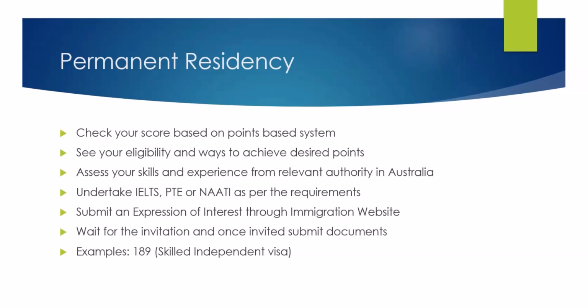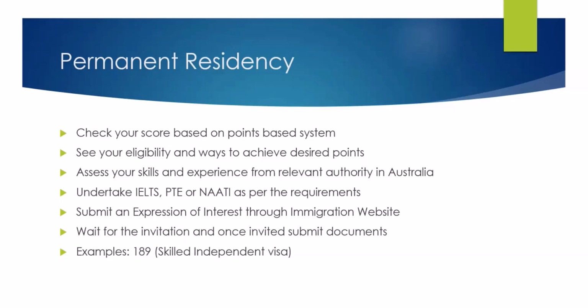Assess your skills and experience from the relevant authority in Australia. Once you have selected your occupation from the occupation list that you will be coming to Australia under, then you have to get your skills assessed from the relevant authority. For example, accountants might need to get in touch with CA, Chartered Accountants Australia.